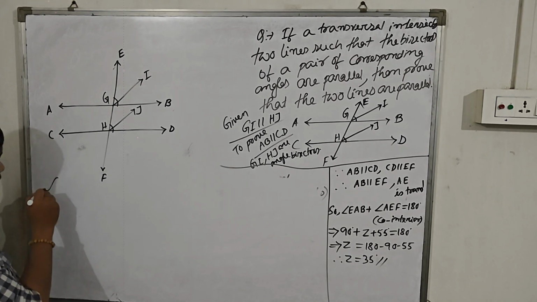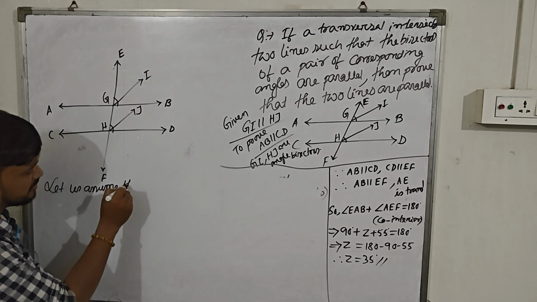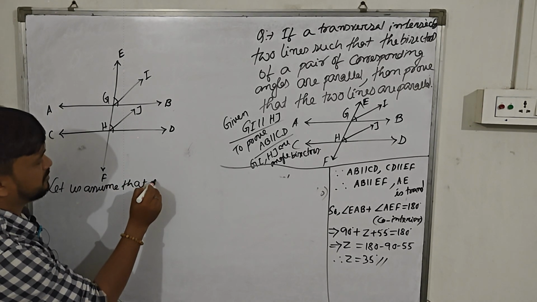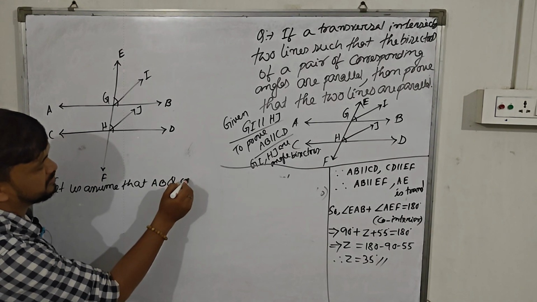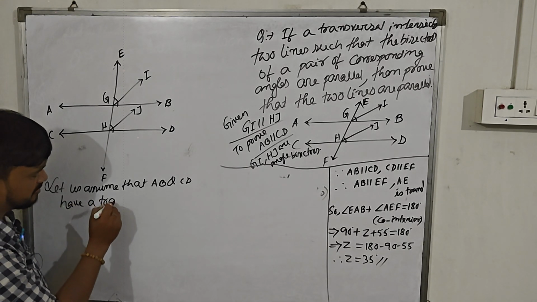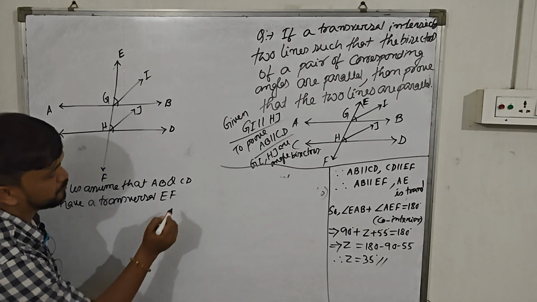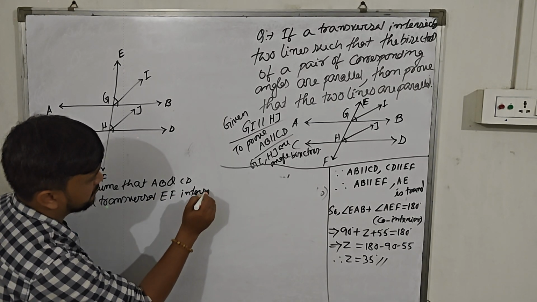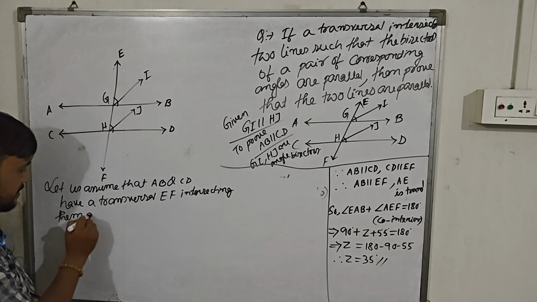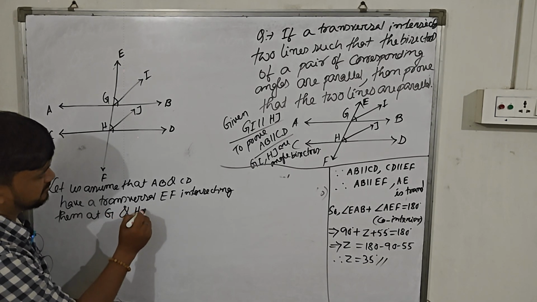Let us assume that AB and CD have a transversal EF intersecting them at G and H respectively.